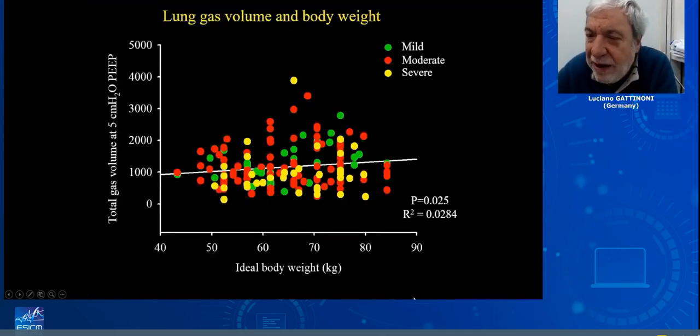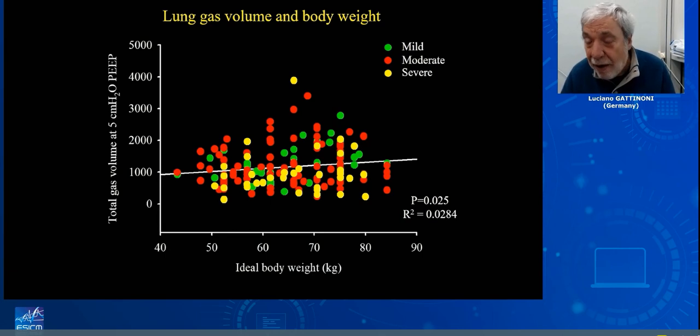Look here, why do we divide per kilo? To say, okay, I have a big man, a big lung. But a big man with RDS has a small baby lung. Look here, this is the ideal body weight, 50, 60, 70, 80. And here we have mild, moderate, severe RDS, total gas volume at 5 centimeters.